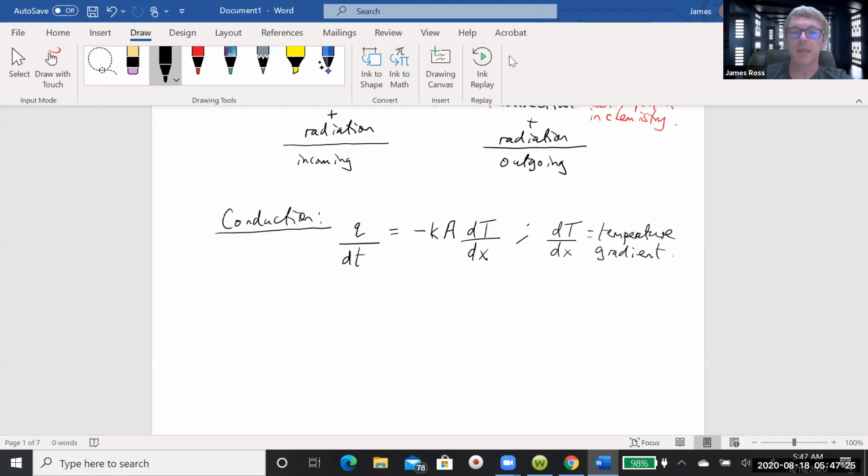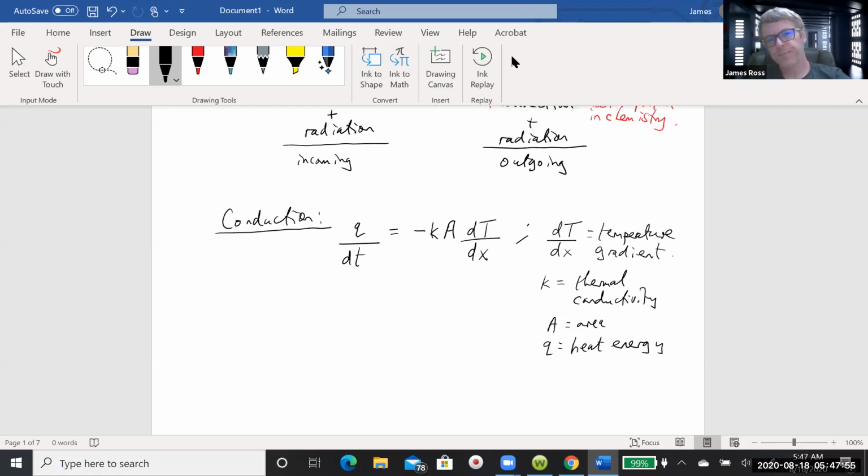K is a constant, which is just thermal conductivity. And A is area. Q is heat energy.